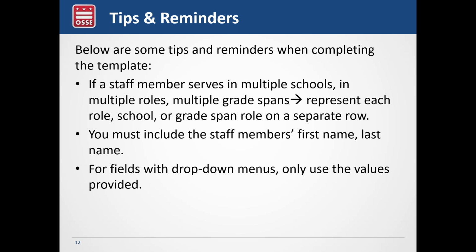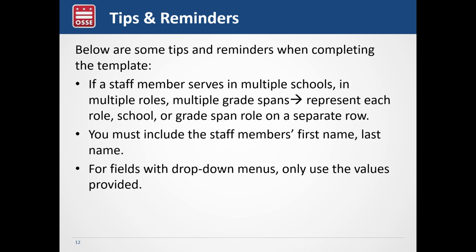So what does that mean? Let's say you have a teacher that also serves as the reading specialist for your school. That person also needs to be included actually twice. If you have, let's say, a physical education teacher that services your sixth grade, because that's part of the middle school, and part of your high school grades, that person, because of the grade spans, needs to be included twice for that role.